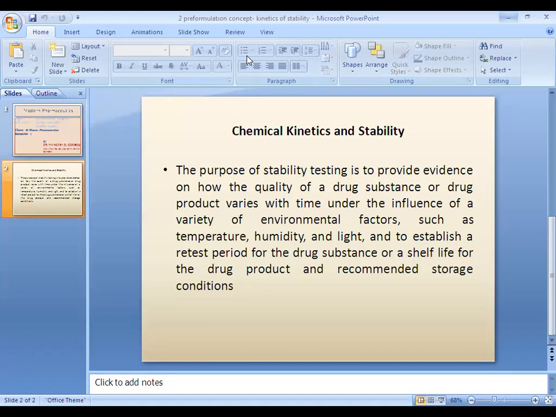Even though the manufacturer labels the product with expiration dating, the patient may store it in the bathroom where humidity is present, or simply put it on the window where the temperature is high or direct sunlight comes.